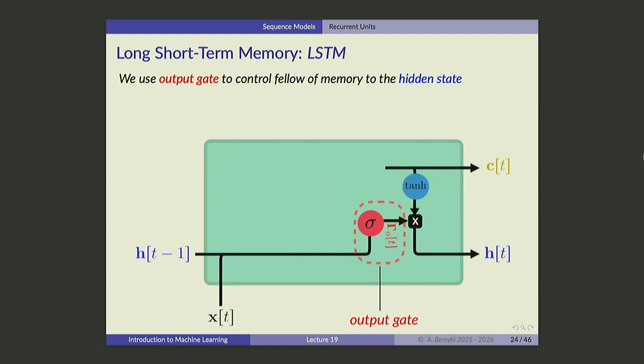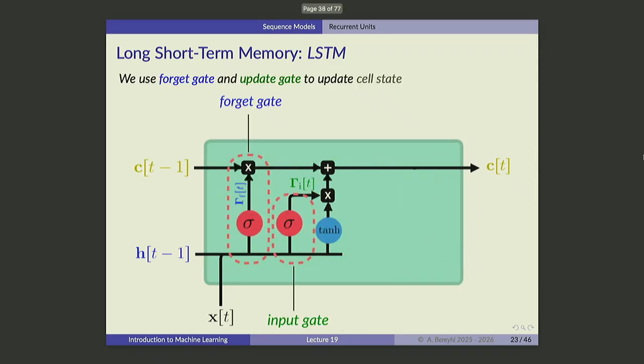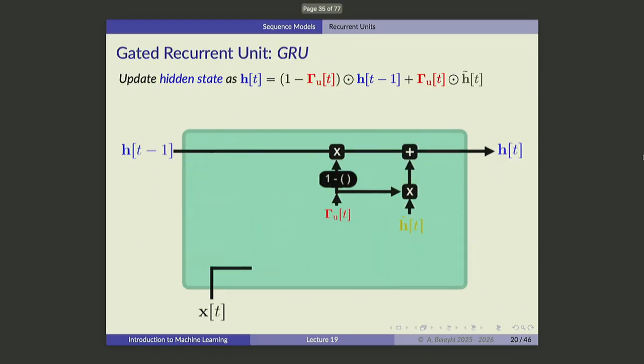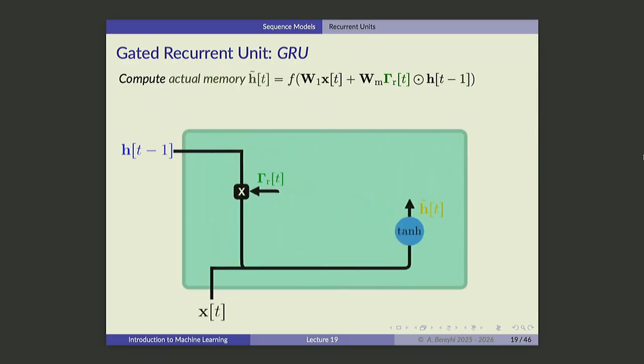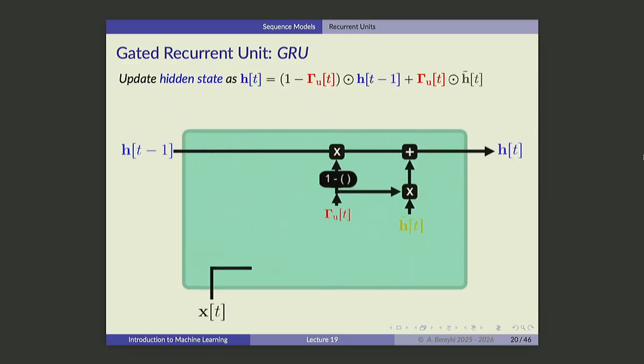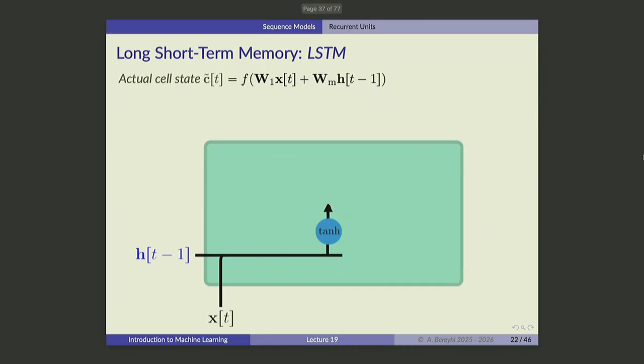So for instance, let's say this input is the article, THE, right? And then you do this computation here, so you get a bunch of features.